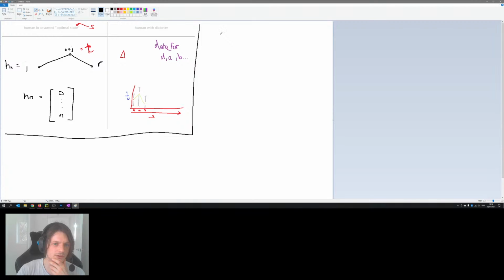So for state n equals state of body, or no, disease state, I guess. Whoops.